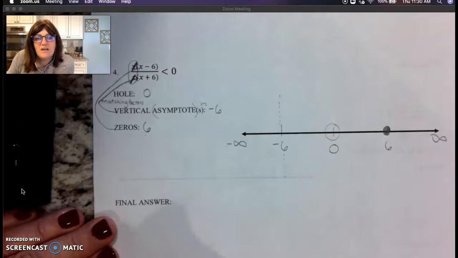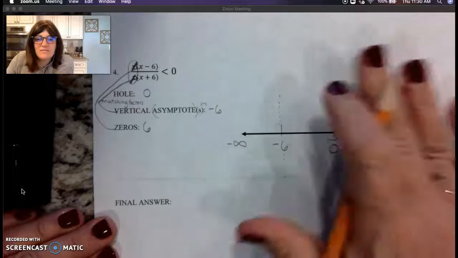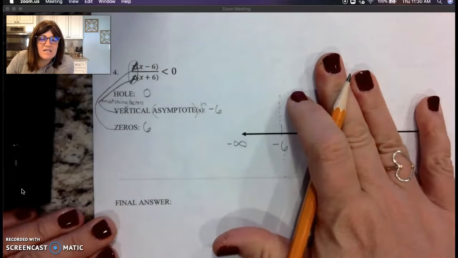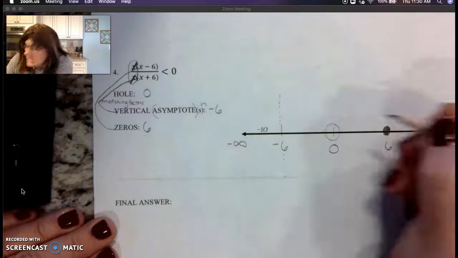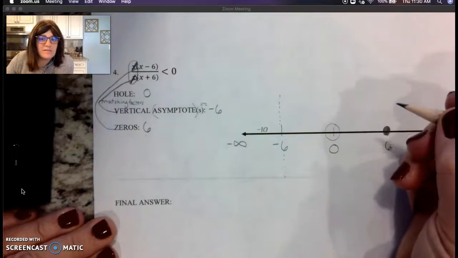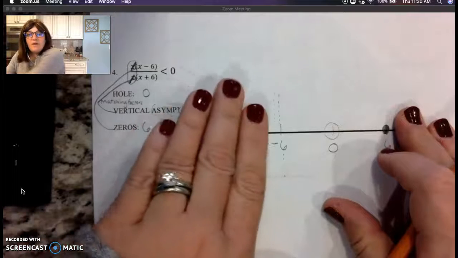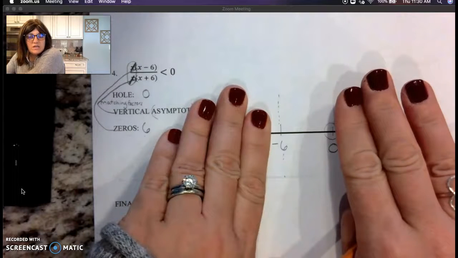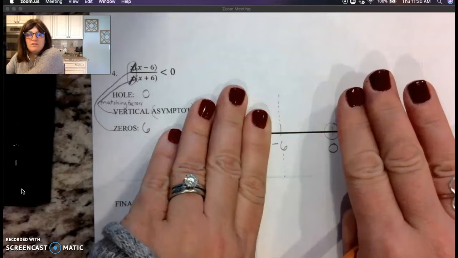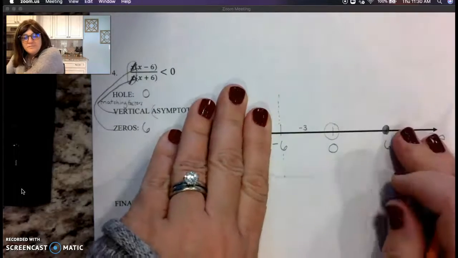So continuing on our journey, we're going to pick testing values, something between -6 and -infinity. We tend to like friendly numbers like -10, but -5 would be here, so I don't want that. Between -6 and 0, I could do -1, -2, -3, -4, -5, whichever you like. -3 seems like it would be in the middle.